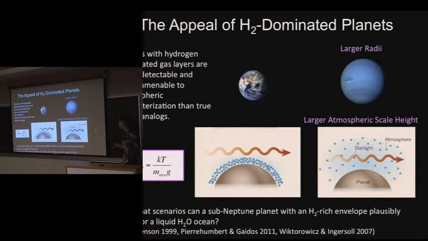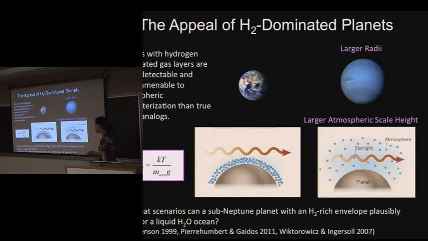So, given their high detectability and the better potential for atmospheric characterization, it behooves us to consider in what scenarios a sub-Neptune planet with a hydrogen-rich gas envelope can plausibly harbor a liquid water ocean on its surface.